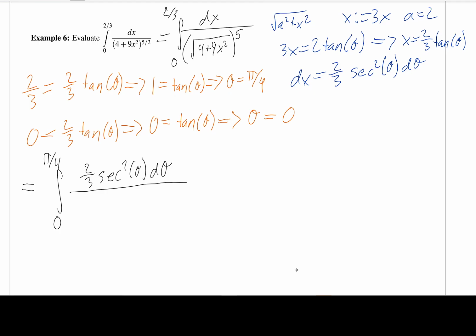divided by, now I should have the square root of 4 plus 9 times x squared. So x was 2/3 tan theta, so this is going to be 4 over 9 tan squared theta. Okay, so I can pull this 2/3 out to the front.